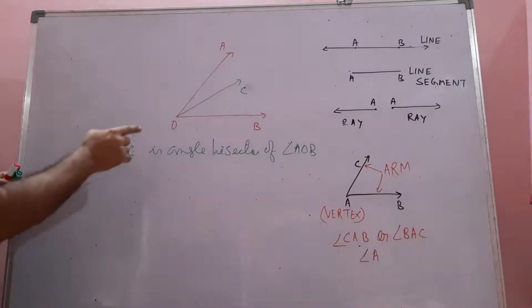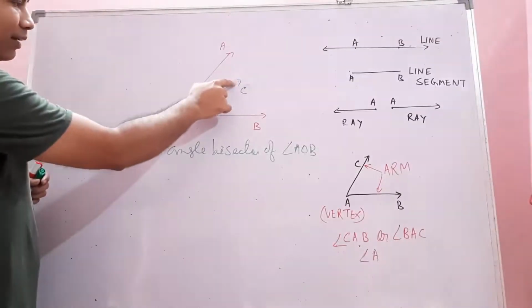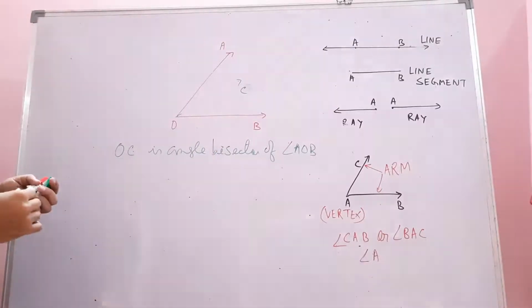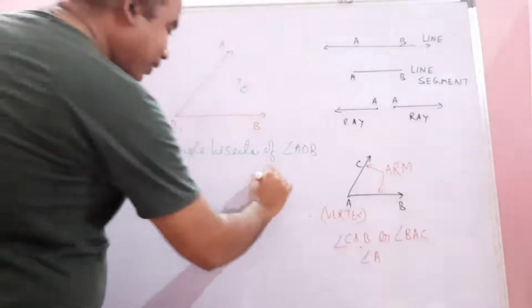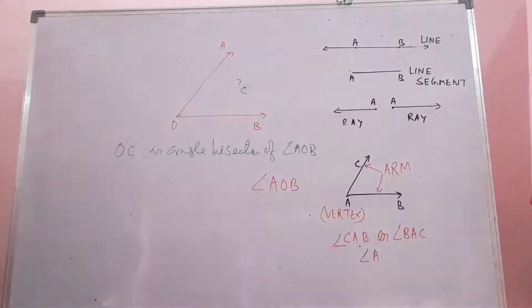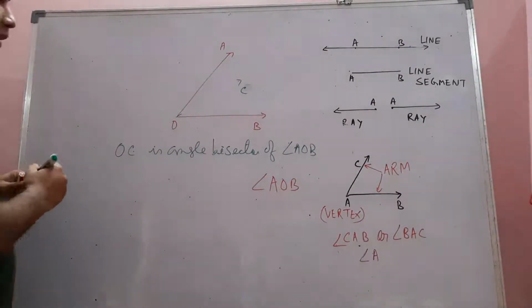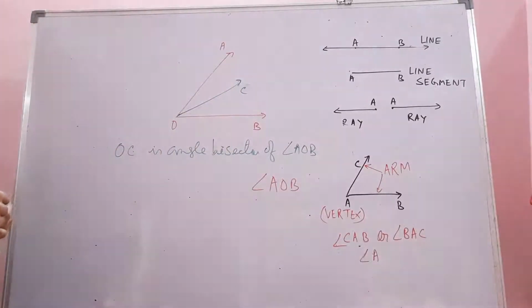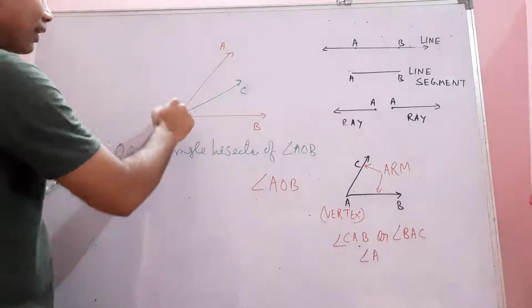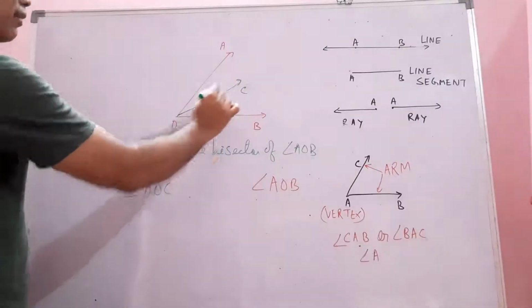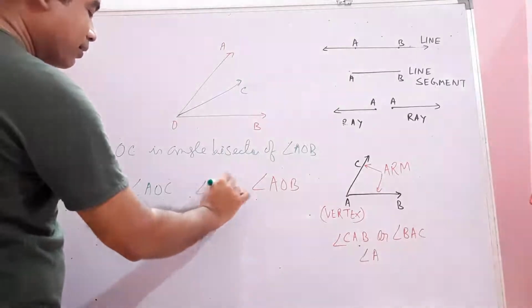So if OC is not there, then I have only one angle AOB in the figure. But when I draw OC, then you see I have two angles now. What are the two angles? One is angle AOC, one is angle BOC.